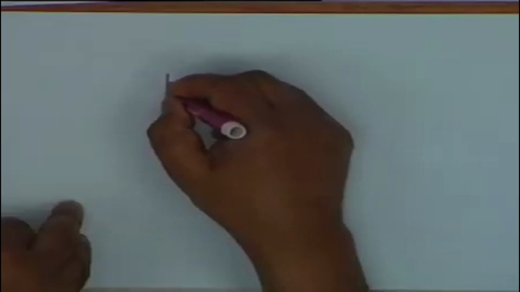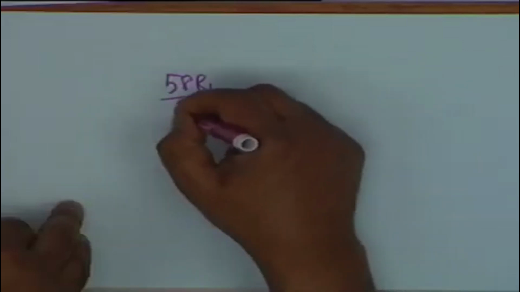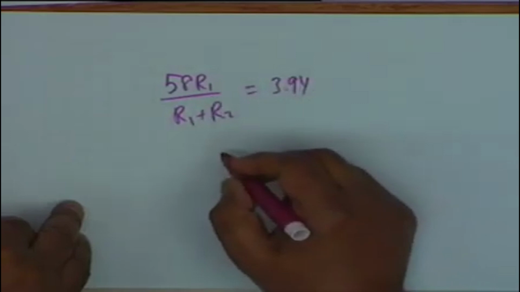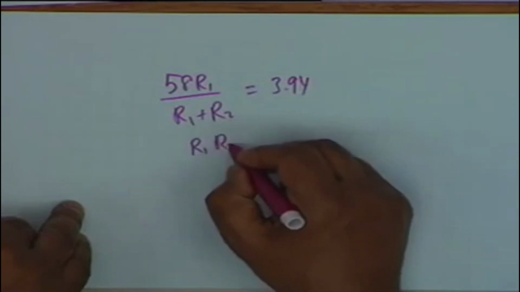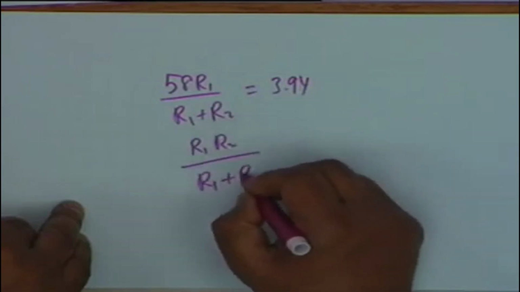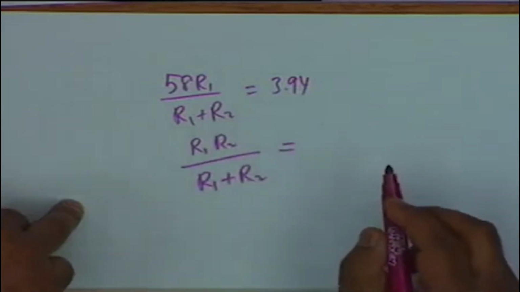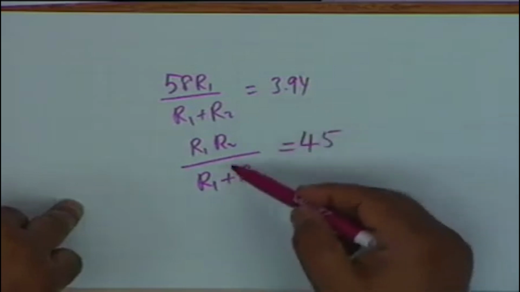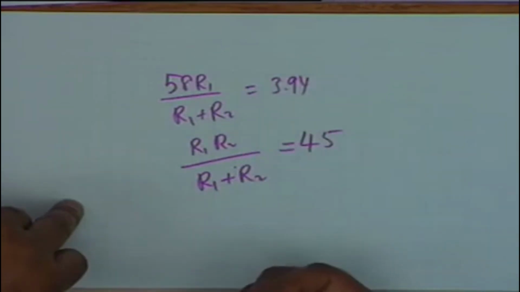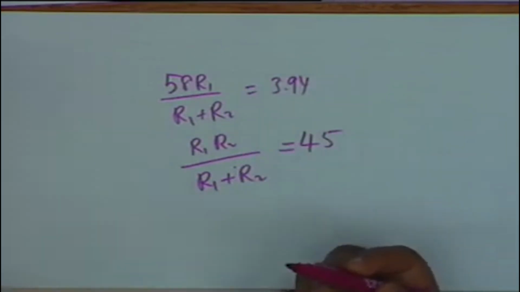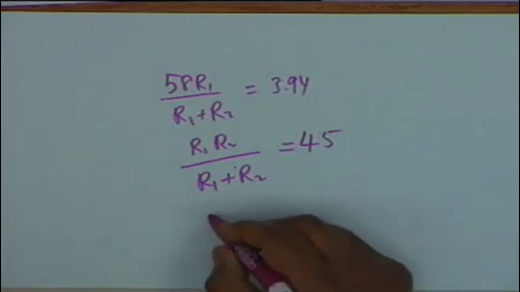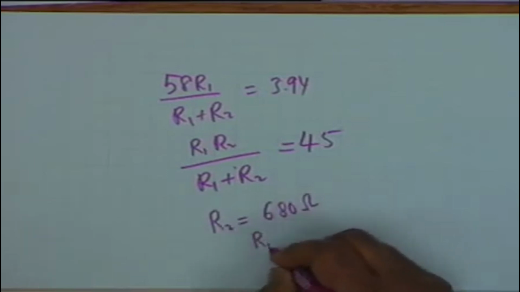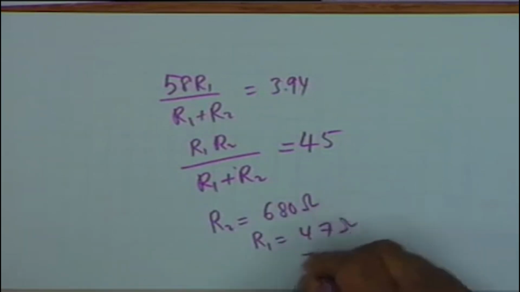One is 58 R1 divided by R1 plus R2 equal to 3.94, and the other is R1 R2 divided by R1 plus R2 is equal to, how much was this? 45. So all you have to do is divide this equation by this, then you get R2, and if you know R2 you can get R1. The final values are R2 equal to 680 ohms and R1 equal to 47 ohms.